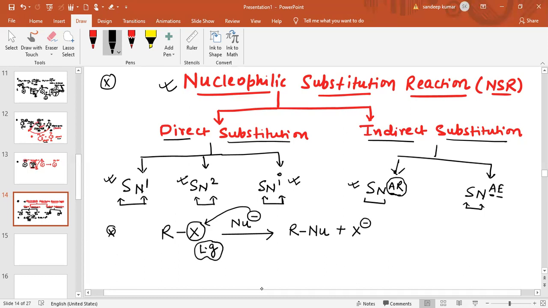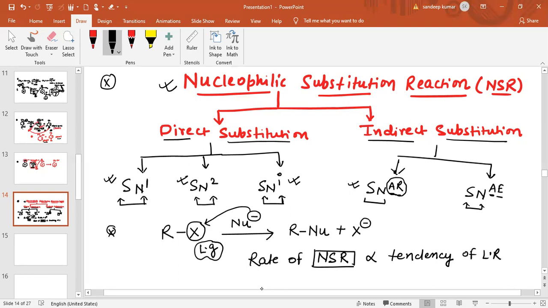So we can say the rate of nucleophilic substitution reaction is directly proportional to the tendency of the leaving group.